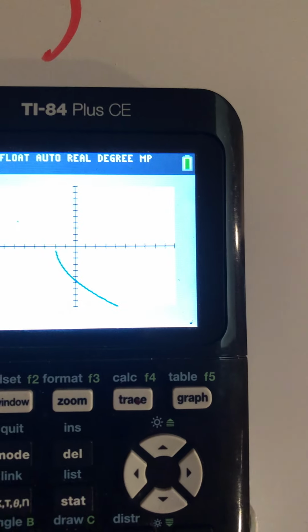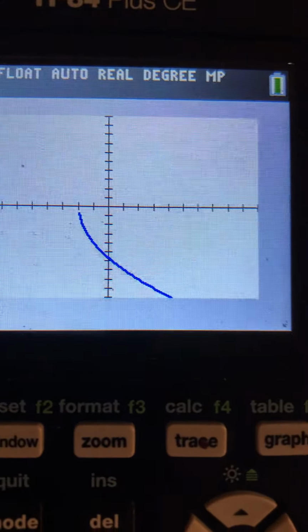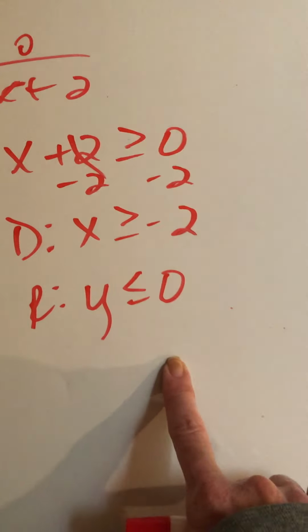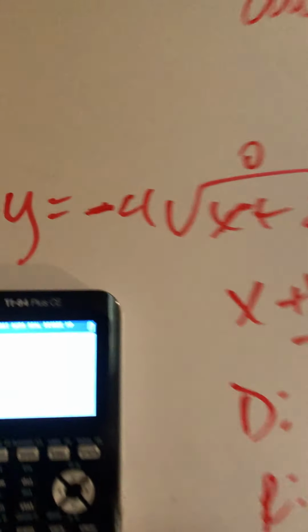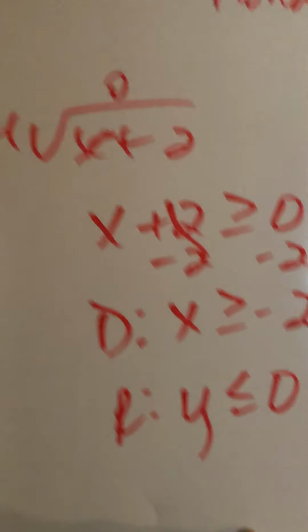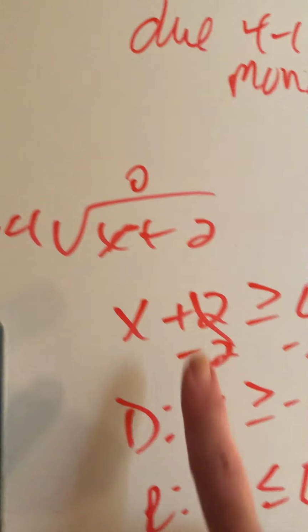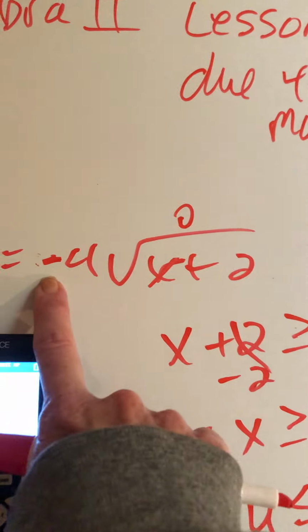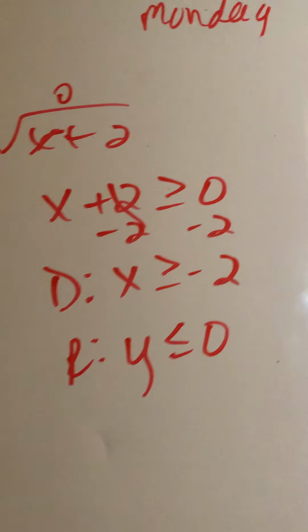I know it doesn't touch the x-axis, but that's just what happens with the graphing calculator. But it is y less than or equal to 0. That's your range, and it's because of that negative. So that negative in front causes the range to be less than or equal to whatever this number is. If you put your smallest number in for the domain, which is negative 2, you get 0. Because of that negative, y is less than or equal to 0 on the range.